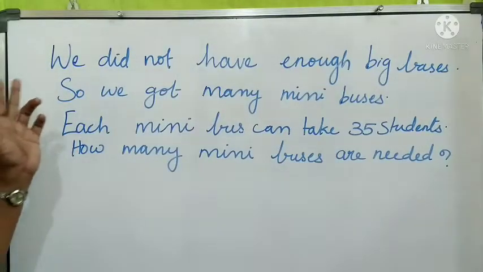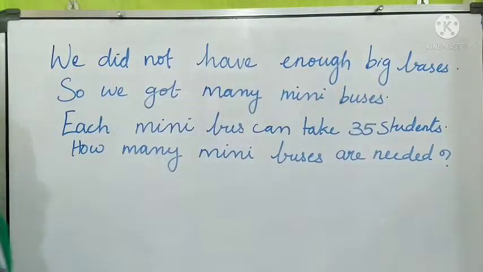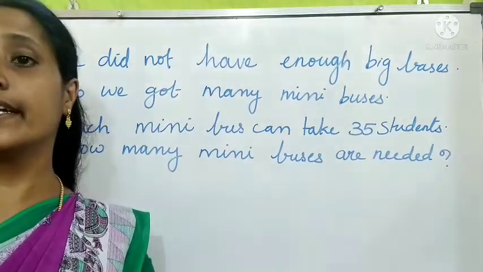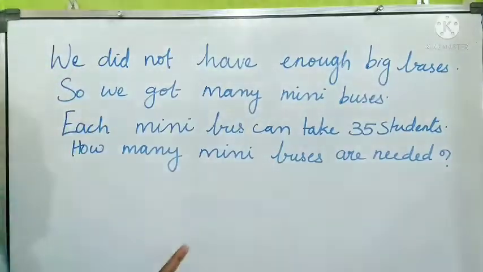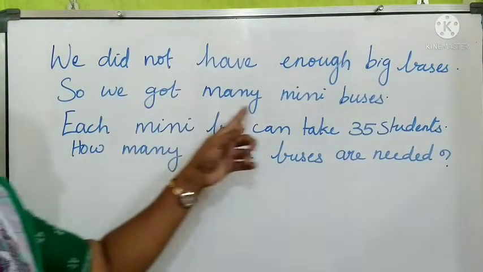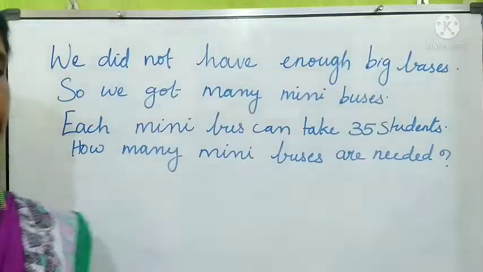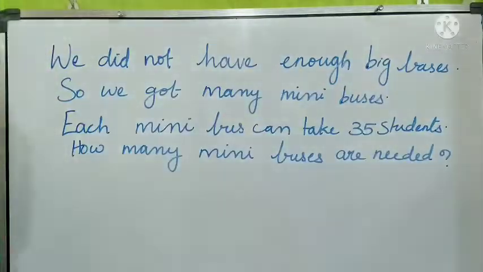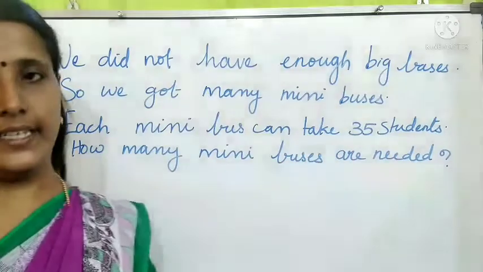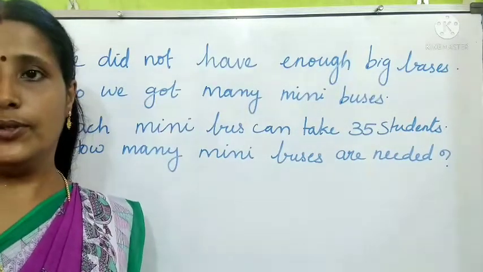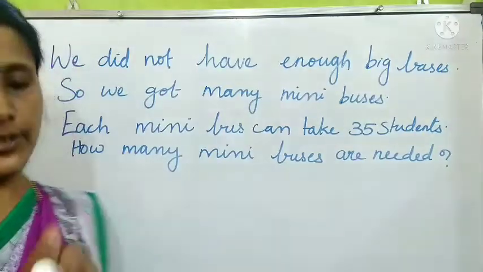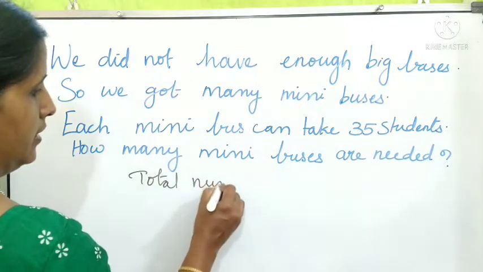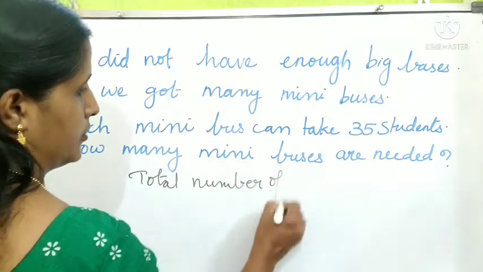So here we did not have enough big buses. Only 4 buses are there. So it is not possible to accommodate 210 students. So we got many minibuses. Each minibus can take 35 students. How many minibuses are needed? So already we have to know the total number of students.